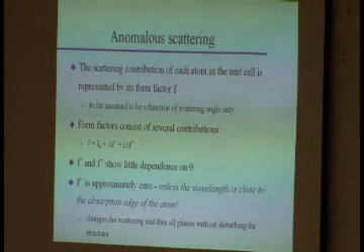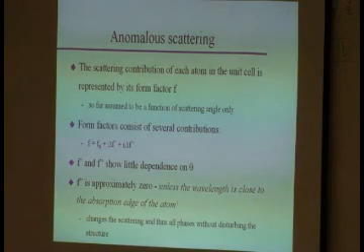But I can make it look very different by changing the wavelength, because if I get close to the absorption edge of the atom, that one here changes. So it has the same effect as substituting a different atom into it. That's very powerful, because you grew one crystal, you've done your job.